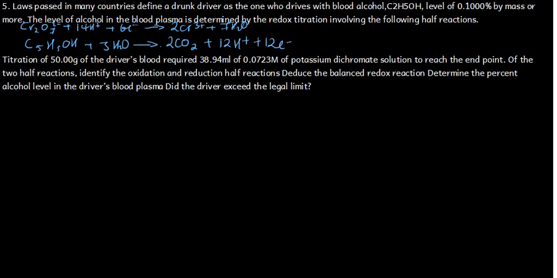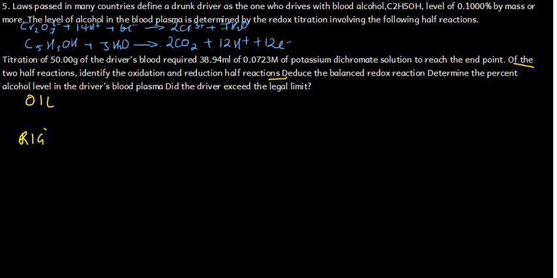Now, first one. Of the two reactions, identify the oxidation and reduction half reaction. Of the two reactions, which one is oxidation? Which one is reduction? Now, oxidation is loss of electrons, and reduction is gain.